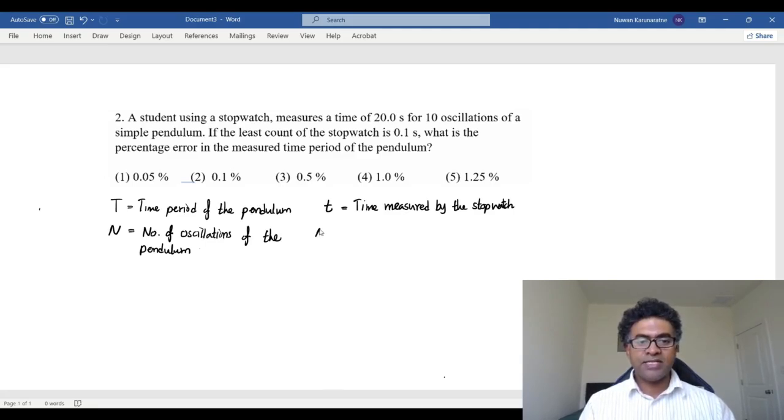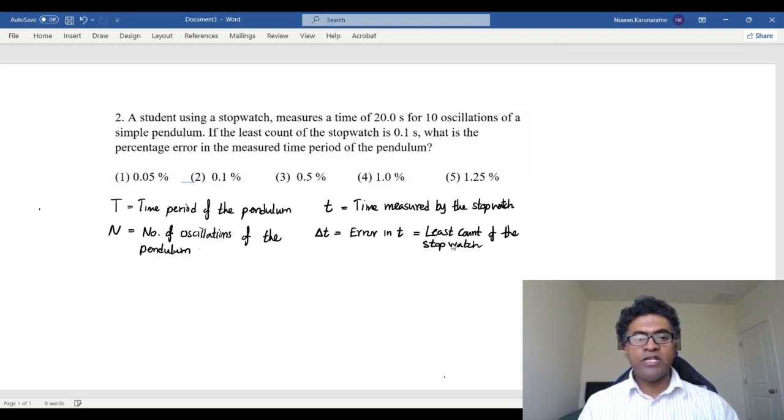That is written as delta t, the error in t, or basically the least count of the stopwatch. And we know the value that is given in the problem, delta t is equal to 0.1 seconds.